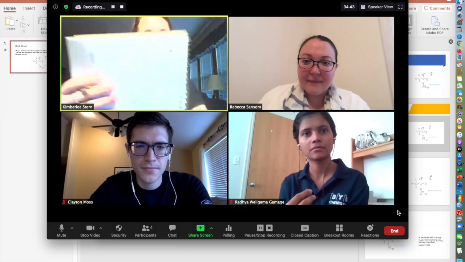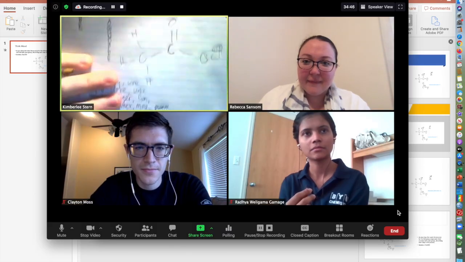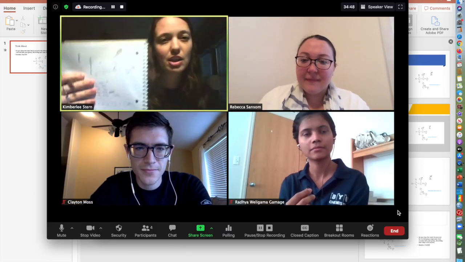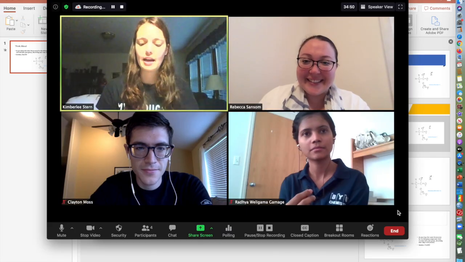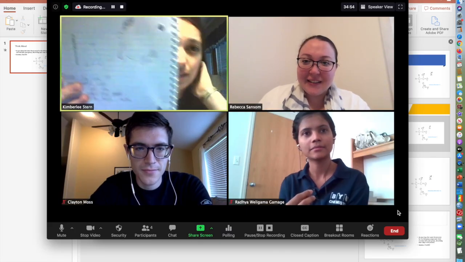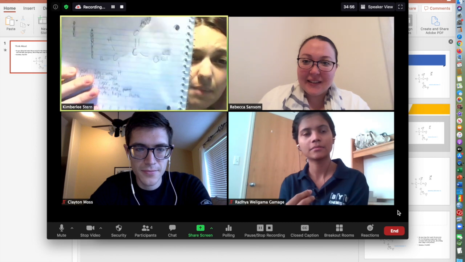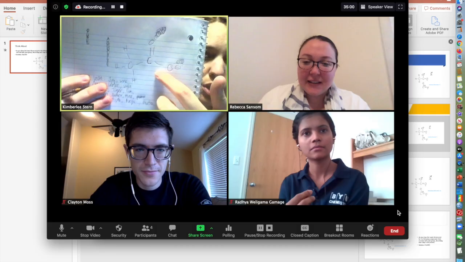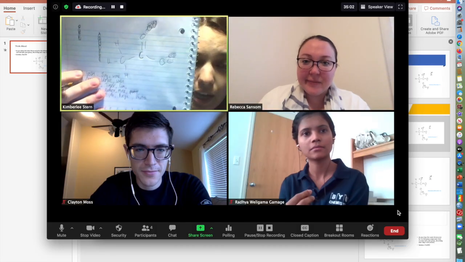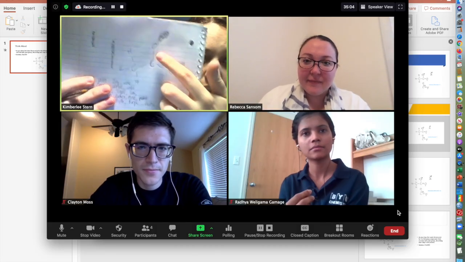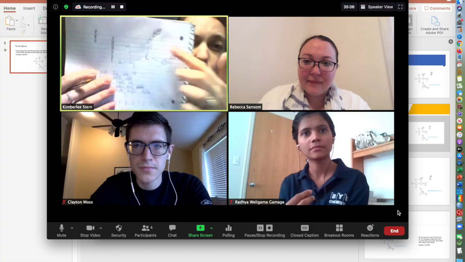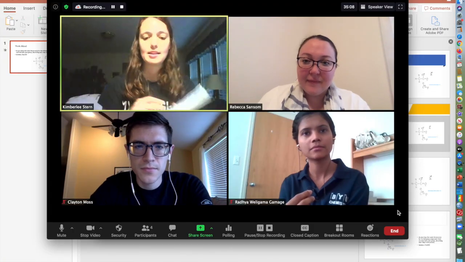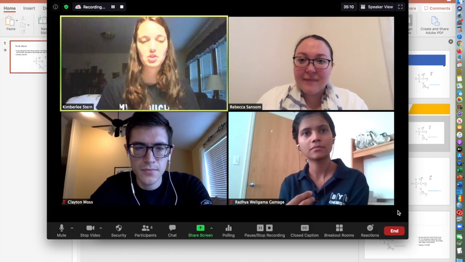So we got our structure of acetate here. One of the things we recognized, which we learned about last week, was that there could be resonance between the bonds here, so the double bond could be here or here, so it's shared equally between the oxygens. That's something we noticed after we drew the structure.